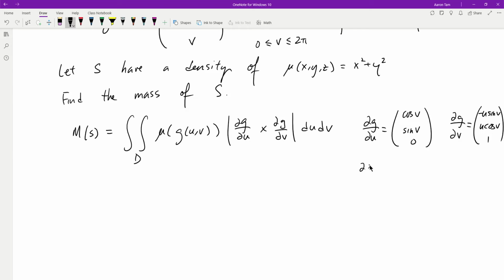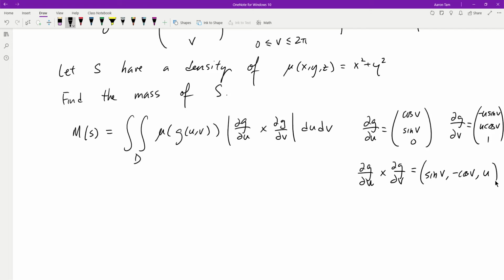So now let's go and do the cross product between them. Once again, I'm not going to go through the cross product. I'm assuming that you know how to do a cross product. So the cross product comes out to be sine v, negative cosine v, u.